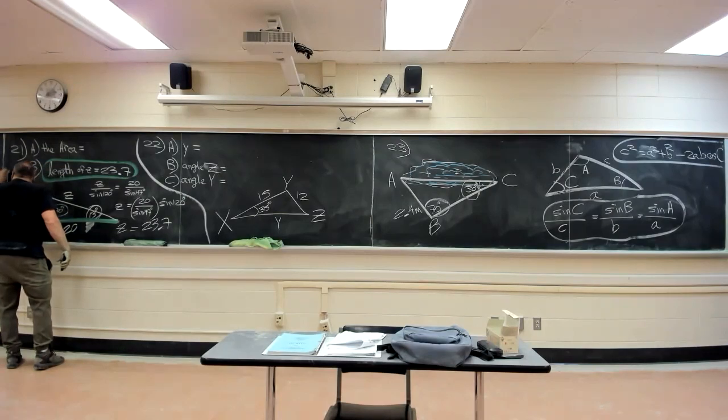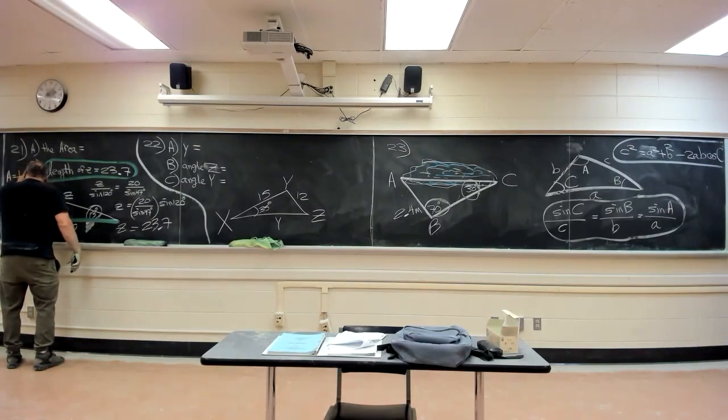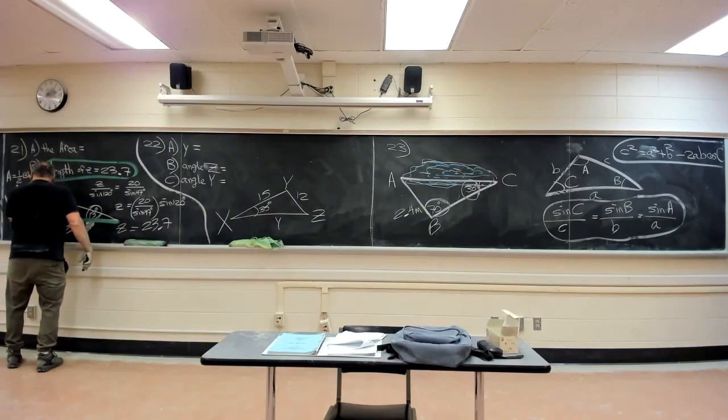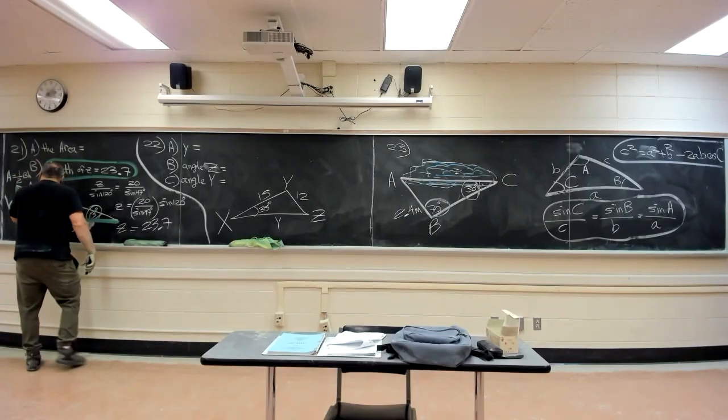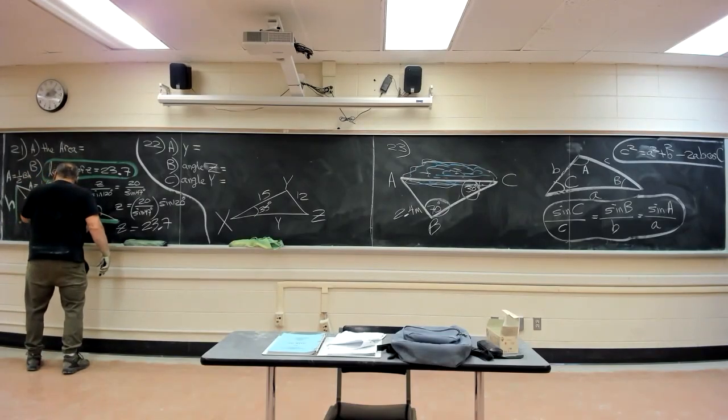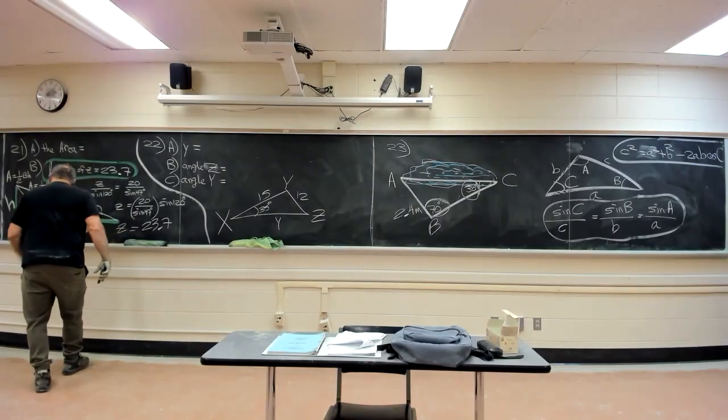The area is going to be 1/2 the base times the height. The area is going to be 1/2 the base, which is 20, times the height.